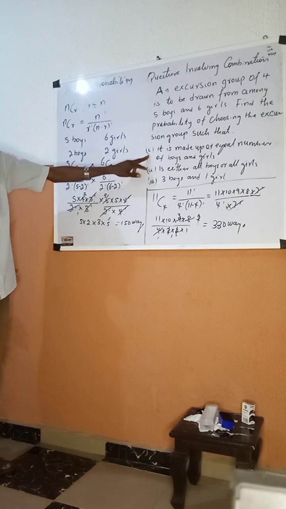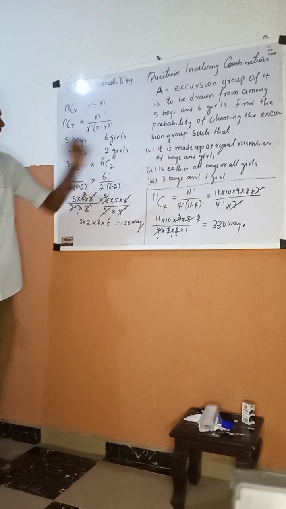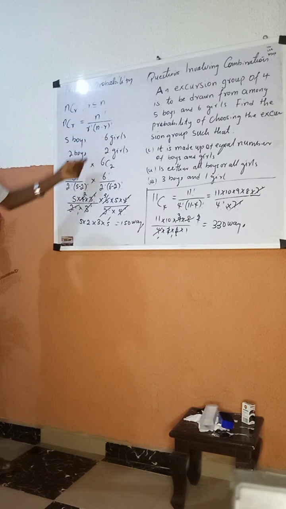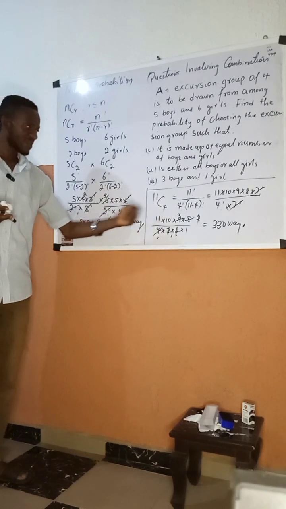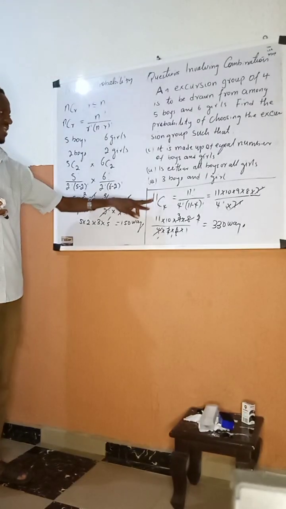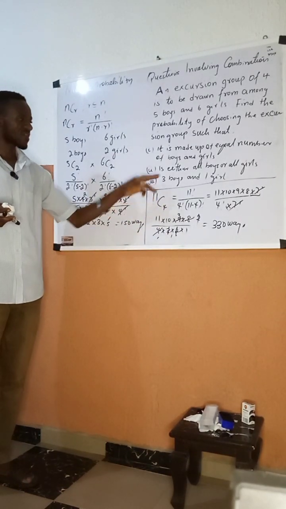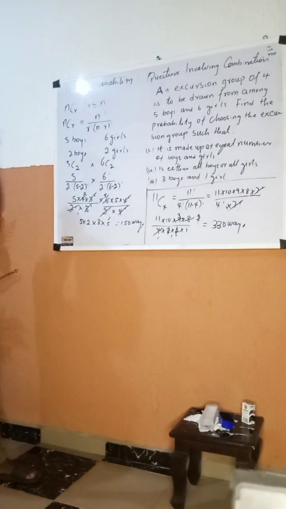The question says it must contain 2 boys and 2 girls, that is an equal number of boys and girls. I picked 2 out of 5, picked 2 out of 6, and at the end, I saw it to be 150 ways. Then here, I lumped these boys and girls together to have 11 persons, went straight to select 4 persons out of 11, and at the end, we arrived at 330 ways.